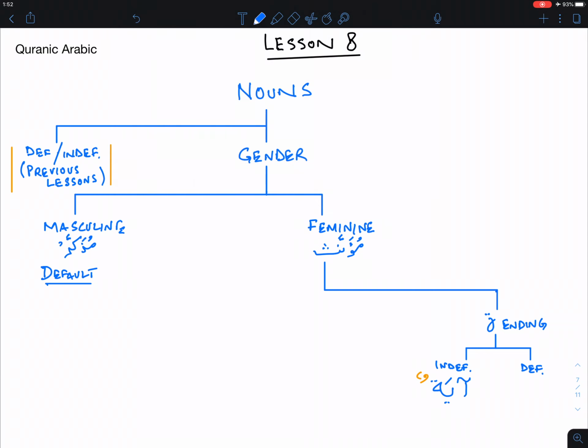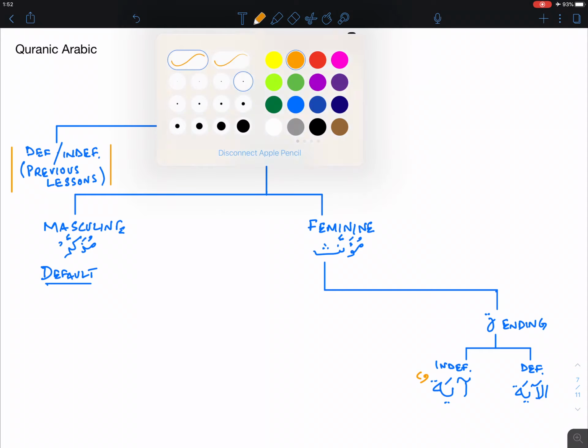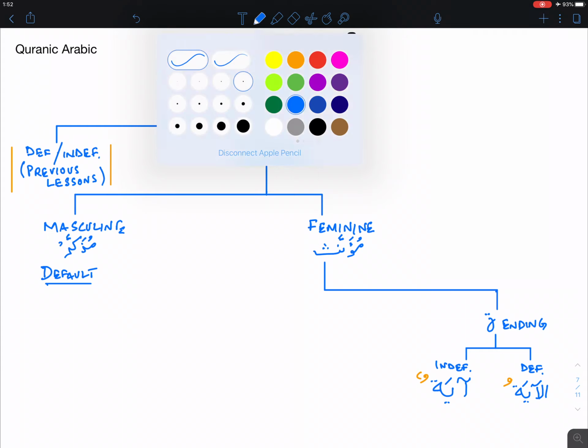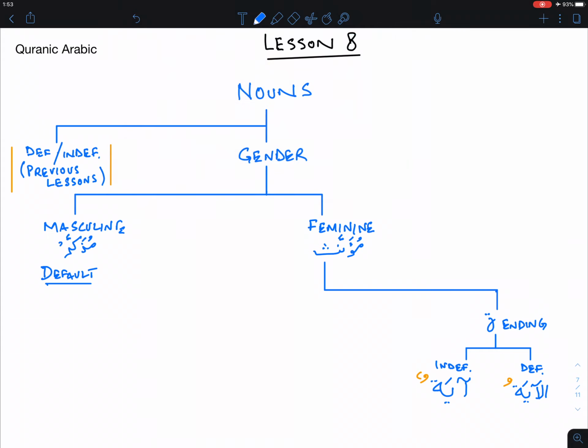So this is feminine indefinite, and then feminine definite will have alif lam added. You'll see again, consistent with the definite and indefinite, it's one dhamma. So ayatun and al ayatu, right? So that ta that we're seeing here is telling us that this is a feminine word.